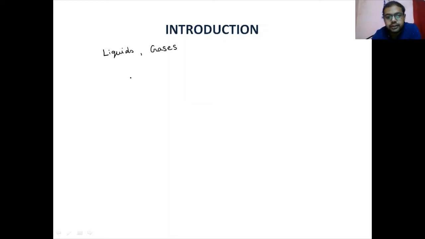The main cause is molecular momentum transfer. I think you have heard this term in your viscosity topic also, molecular momentum transfer.